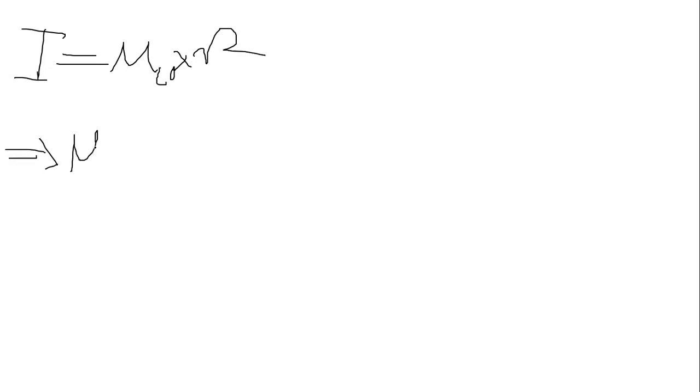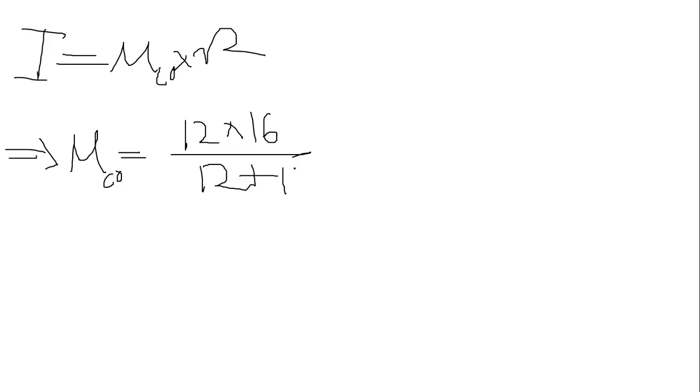We know the effective mass of carbon monoxide will be mass of carbon into mass of oxygen divided by mass of carbon plus mass of oxygen, into 1 amu. 1 amu is how much? 1.67 into 10 to the power minus 27 kg.